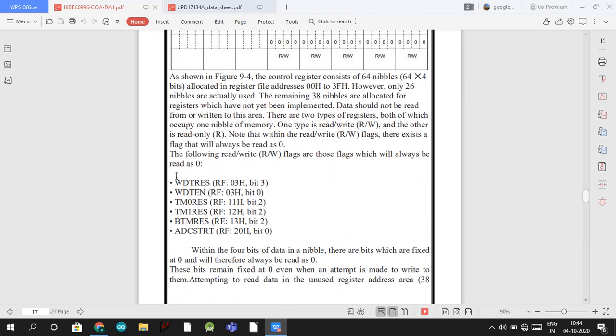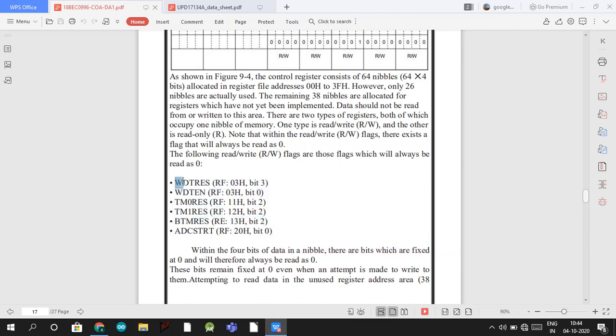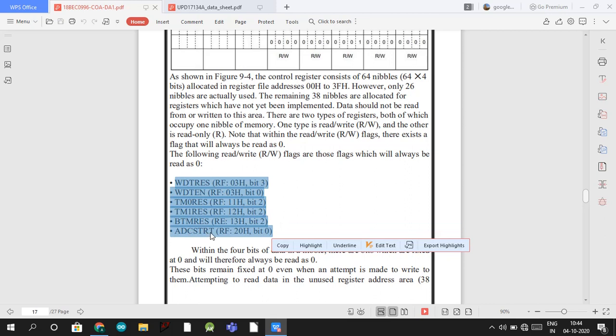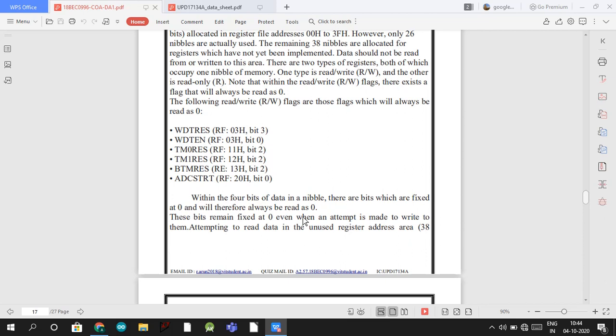Here you can see how the control register reads and writes the flags. Here you can see WDTRES, at RF 03H and bit 3, and bit 0, and TM0RES, at RF 11H and bit 2. These are ADCSTRT, which has bit 0 at RF 20. So in total, within the 4 bits of data in a nibble, there are bits which are fixed at 0 and will therefore always be read as 0.